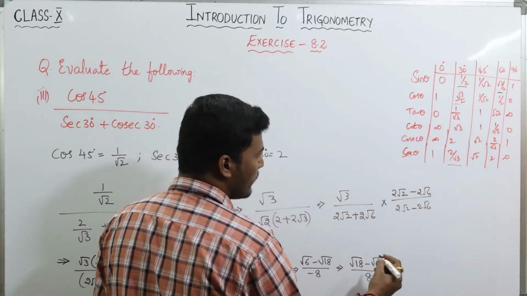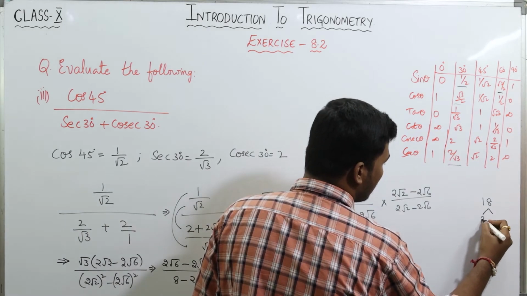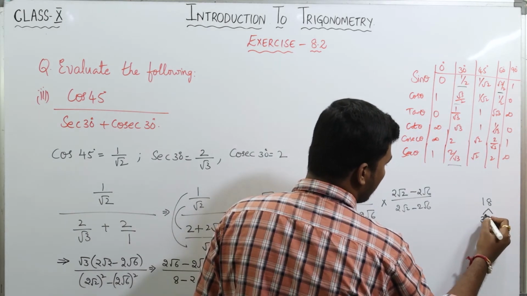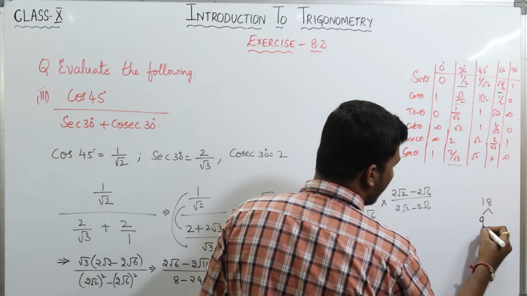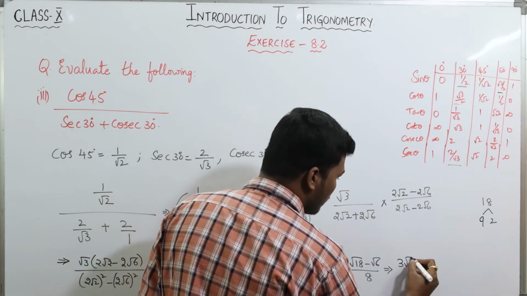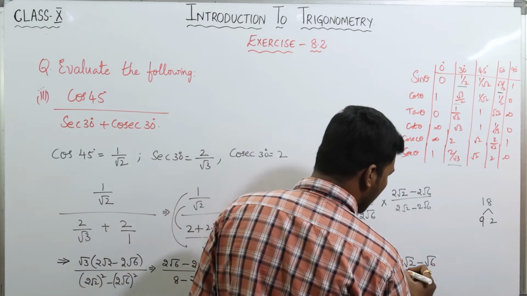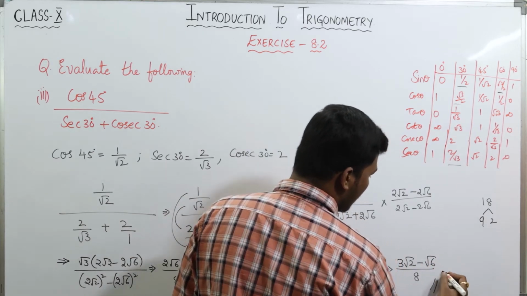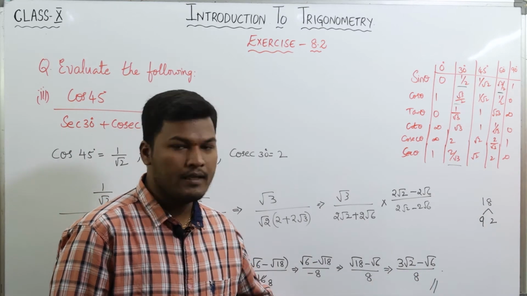So root 18, what can we write? 18 can be written as 3 9s are 27, 6 3s are 18, or else 9 2s is 18. So we can write this as root 3 root 2 minus root 6, let it be like that, by 8. So therefore your answer is 3 root 2 minus root 6 by 8.